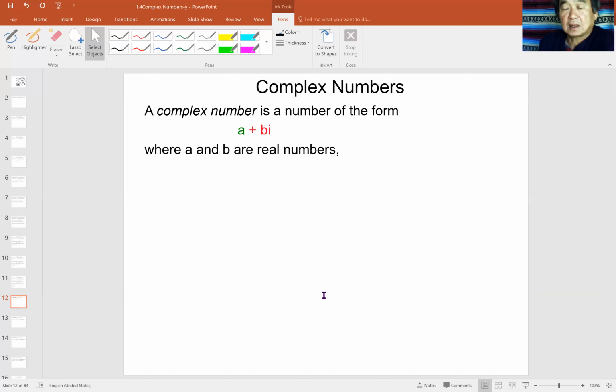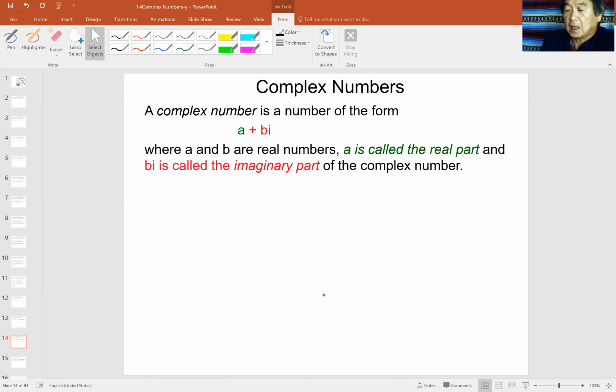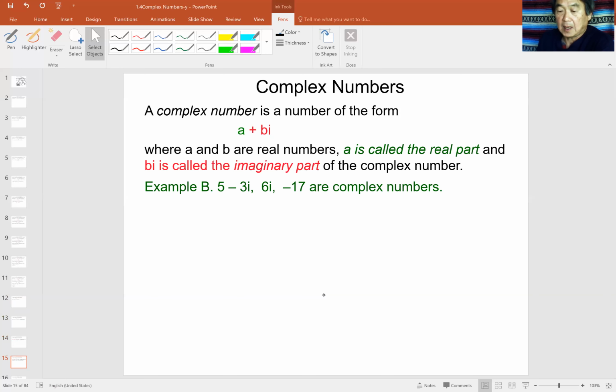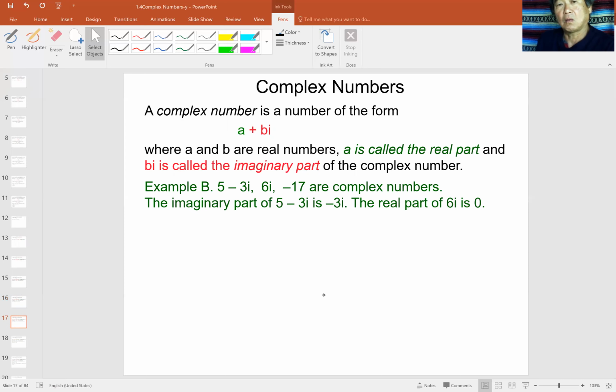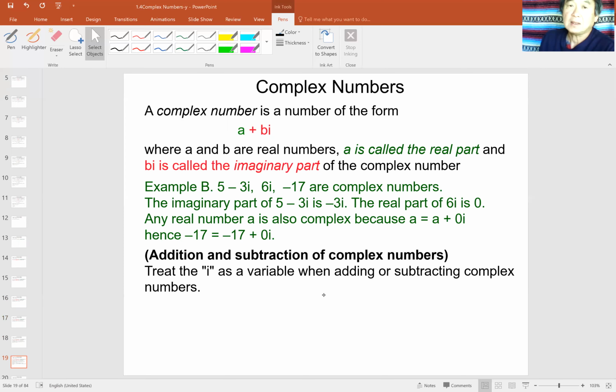We call the other component the imaginary part. The combination of these two parts, this type of number, we call complex. And all these numbers are complex numbers. You can identify clearly which part is the real part and which is the imaginary part.